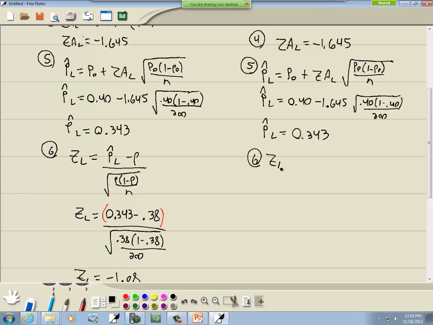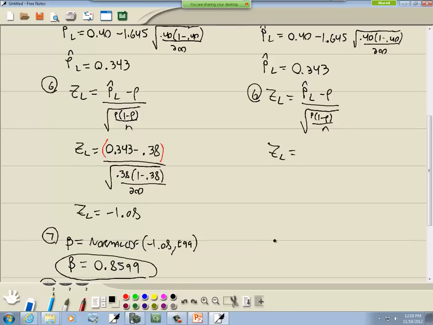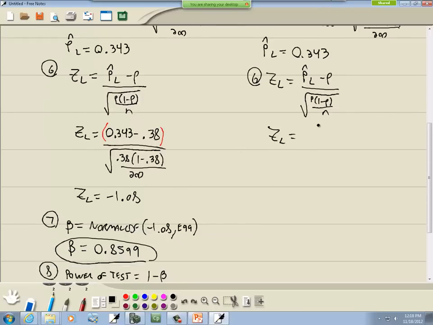So I got Z sub L is equal to P hat sub L minus P over the square root of P times 1 minus P divided by N. And so we're going to have 0.343 minus 0.38 divided by square root of 0.38 times 1 minus 0.38 divided by 200.